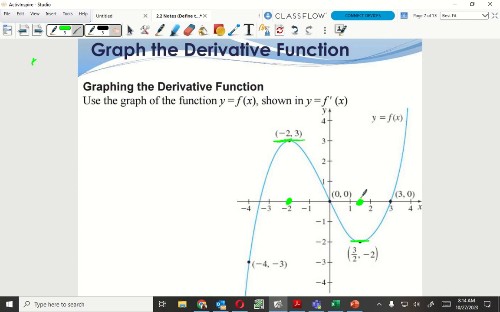Okay, that's important. So now, what do you think the degree of the blue line is? What's the degree of that function? Look at the shape. What does that tell you it's going to be?